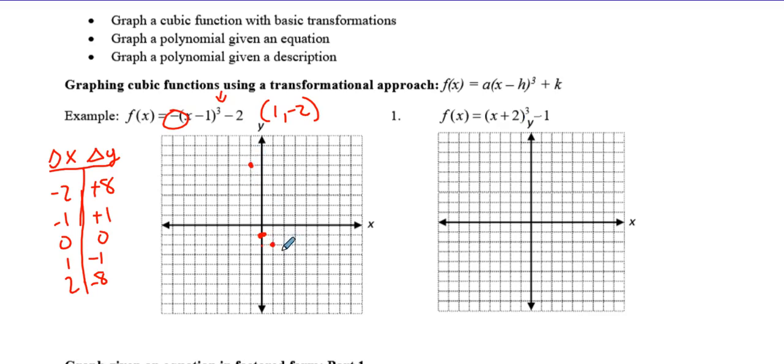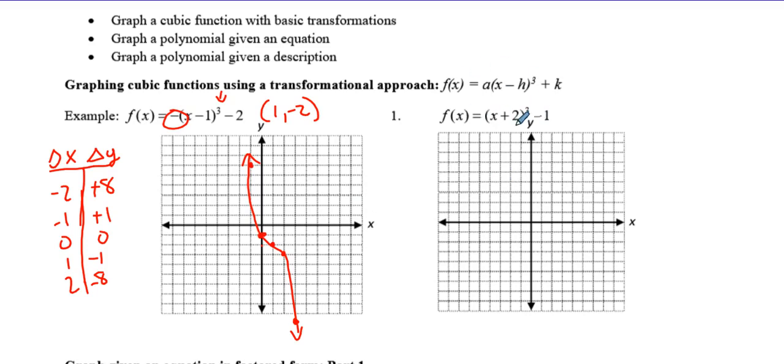And then over 1, down 1, and over 2, down 8. It goes off the graph there a little bit. And then we draw this motion. We see our inflection point, which we've talked about a little bit, where it seems to curve off and then curve back down. So that's the graph in vertex or transformational form.